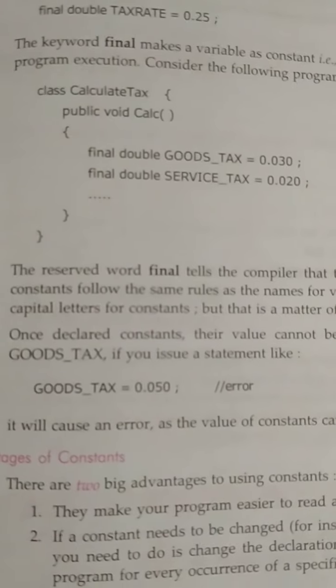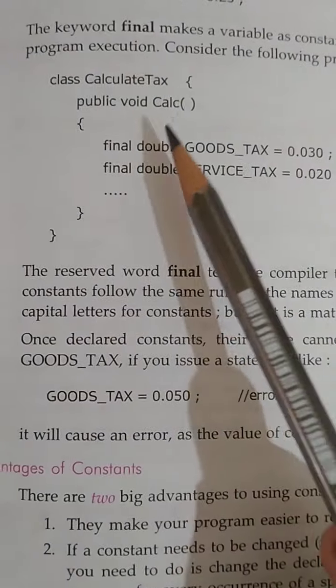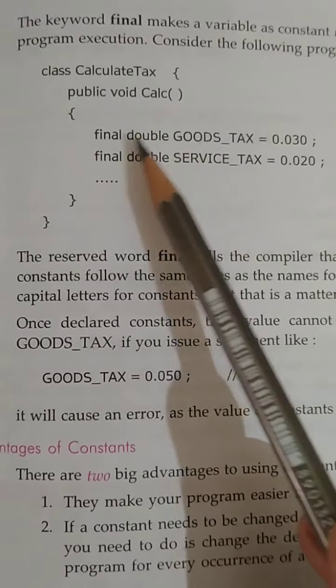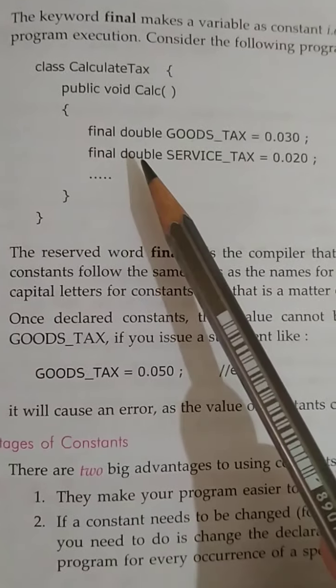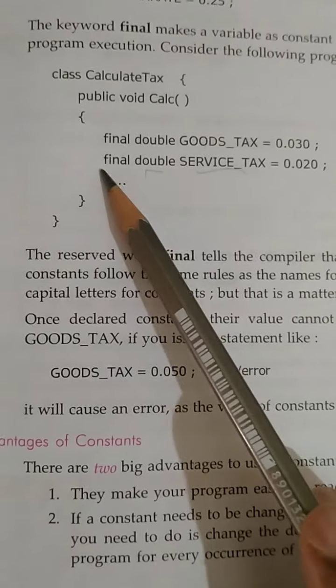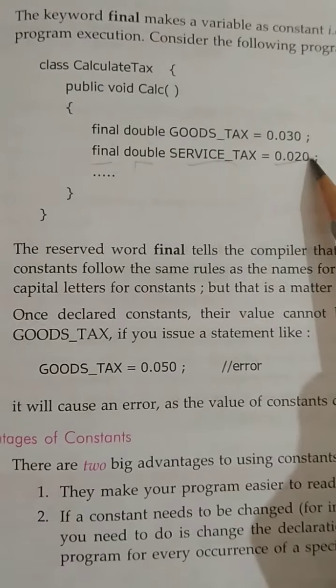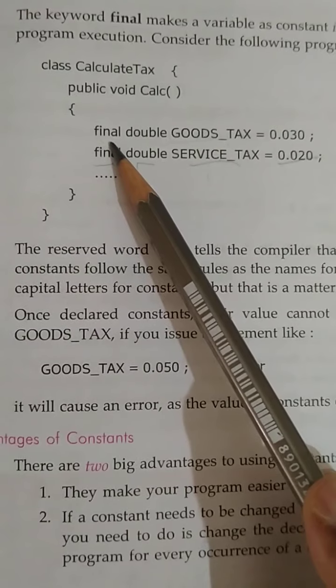They have given an example. This is class CalculateTax and method calc. They have declared two variables, final double goodsTax 0.03, final double serviceTax 0.3. This is the variable name, data type, keyword and value. So both these variables are made constants.